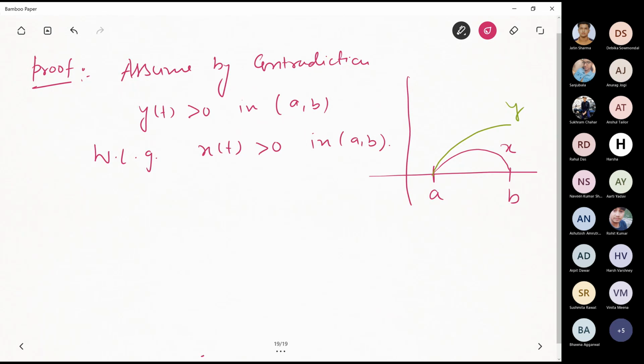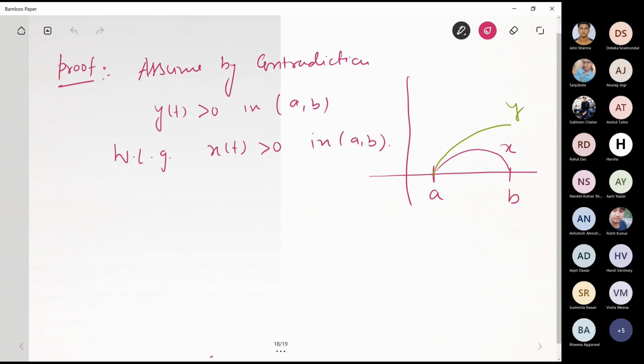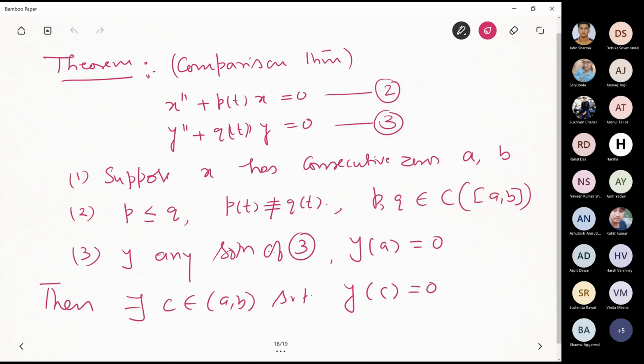So you have the two equations, x double prime plus p of t into x, and y double prime plus q of t into y. Cross multiply and subtract.